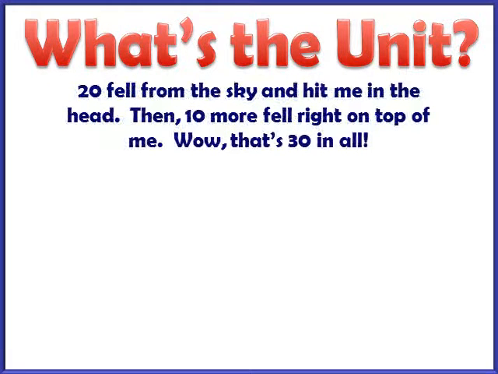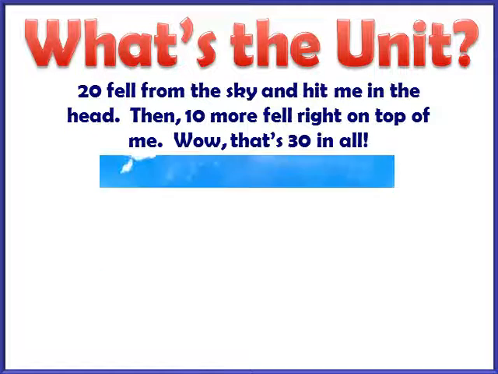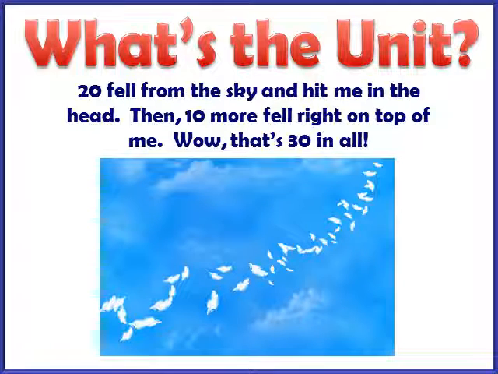So looking at this problem right here, it says 20 fell from the sky and hit me in the head. Then 10 more fell right on top of me. Wow, that's 30 in all. Notice we don't have units here. So we talk about what the unit could be and how it changes the meaning of the situation depending on what unit we use. So that unit could be feathers. Well, that's fine. Feathers fell from the sky and hit me in the head.